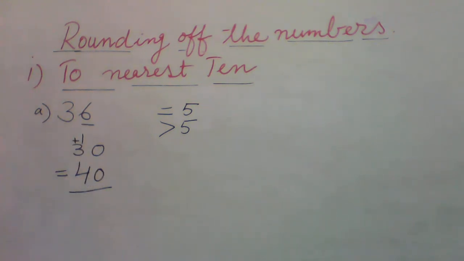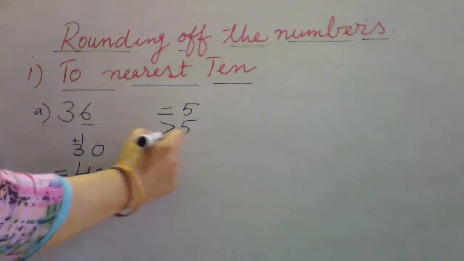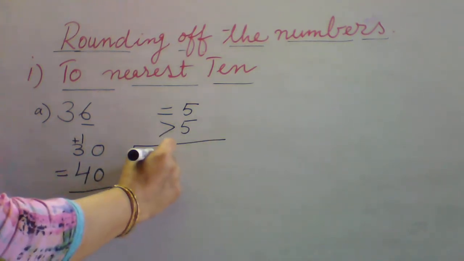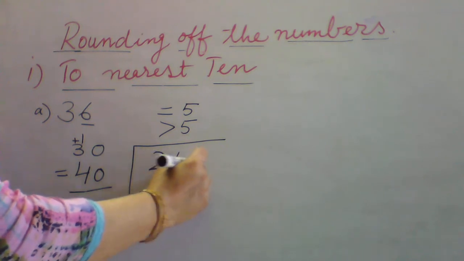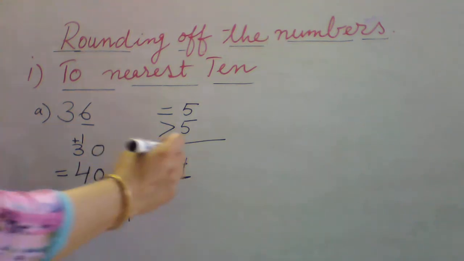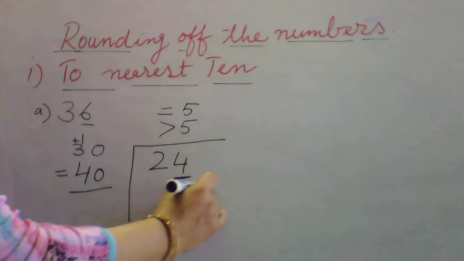Now another case I will take, if the digit present at unit place is less than 5. I am taking an example 24. In this case the digit present at unit place is 4. So 4 is less than 5.